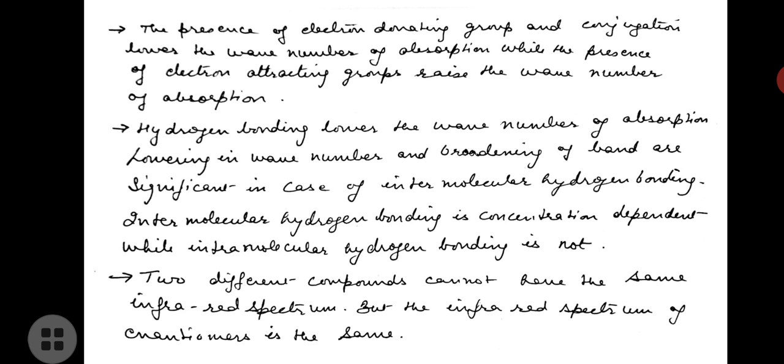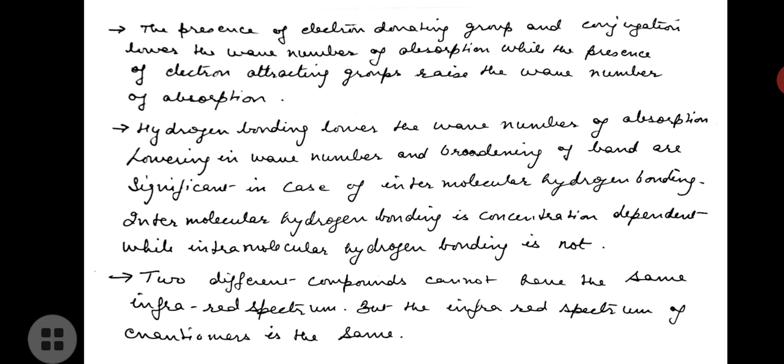Hydrogen bonding lowers the wave number of absorption. Lowering in wave number and broadening of band are significant in the case of intermolecular hydrogen bonding. Intermolecular hydrogen bonding is concentration dependent, while intramolecular hydrogen bonding is not.